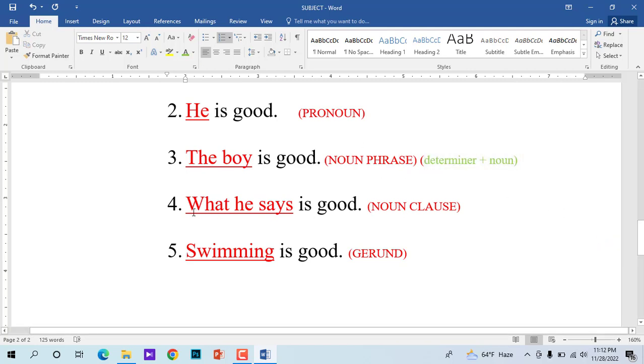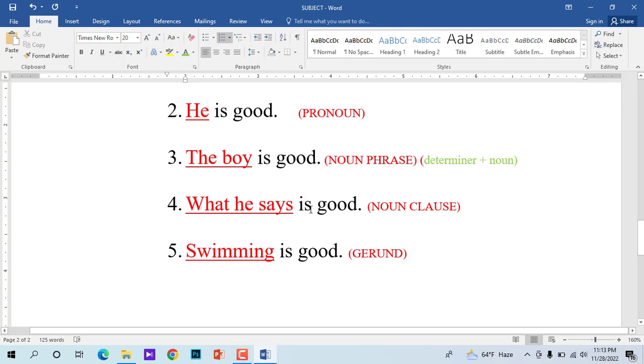And here in number 4, what he says is good. Here what he says is a noun clause and also a subject. If you don't know what a clause is, you must know that in a clause there is a subject and there is a finite verb after the subject. But a clause can be a subject also and an object also.